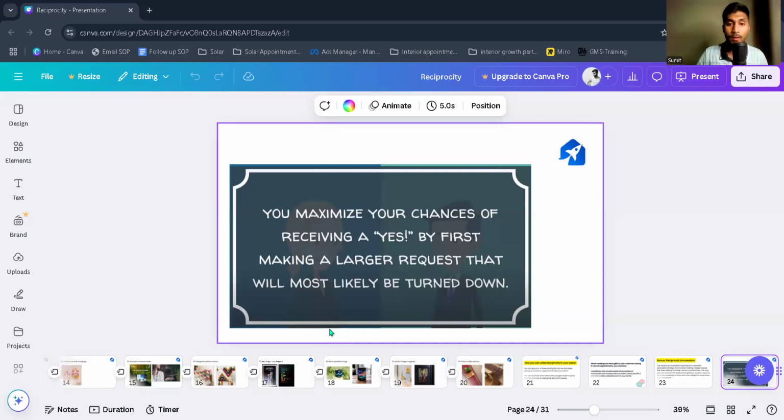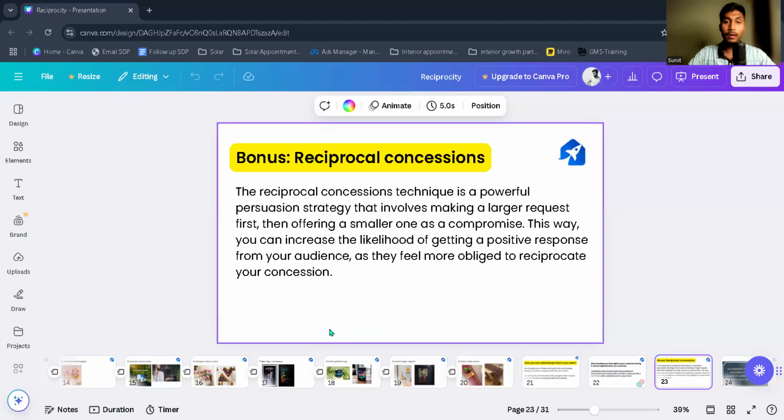The 10 lakh is a lot expensive, that is out of their budget. The 7 lakh is somewhere in between जहाँ पे उनको लगता है कि this is something where I need to make the purchase. Okay, so this is how this particular reciprocal concessions works.